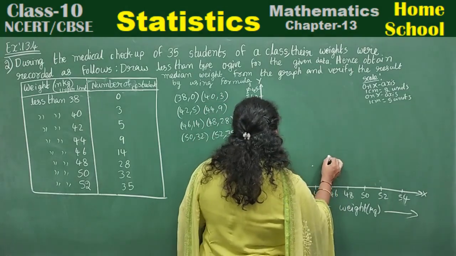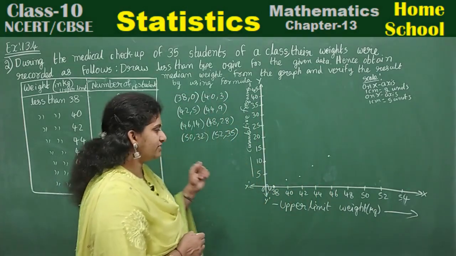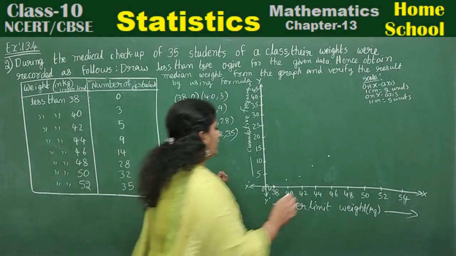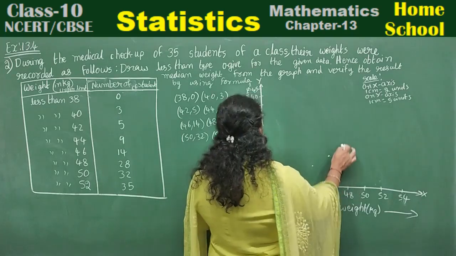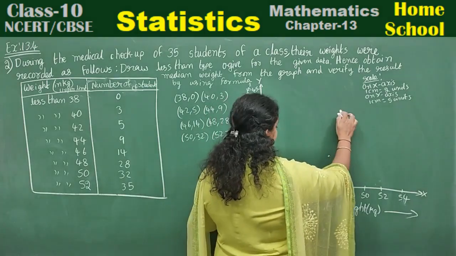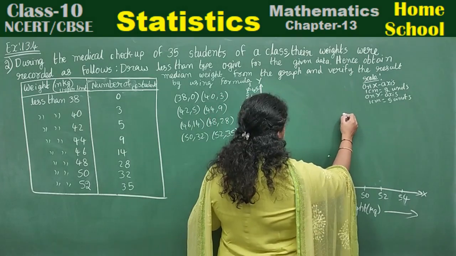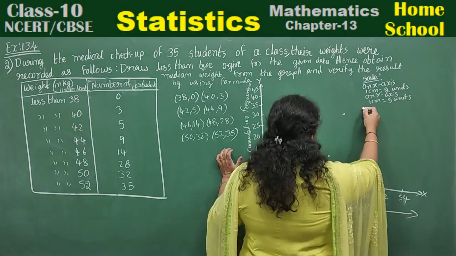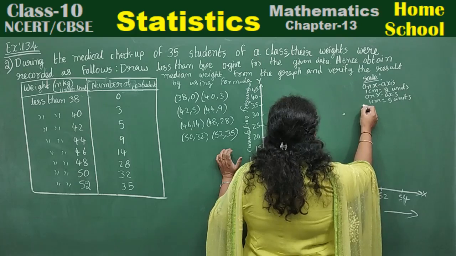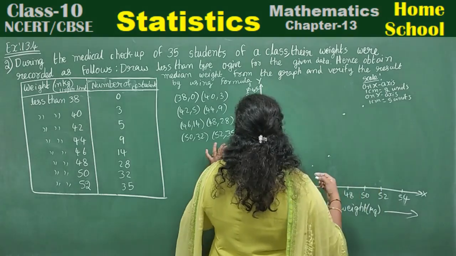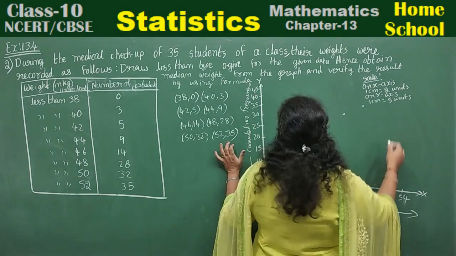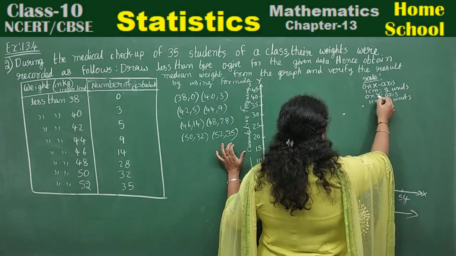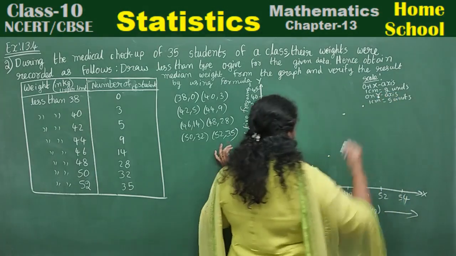Where do they meet? Here. Okay, that is the coordinate. 48, 28. Next, 50, 32. 52, 35. You can see a point here.